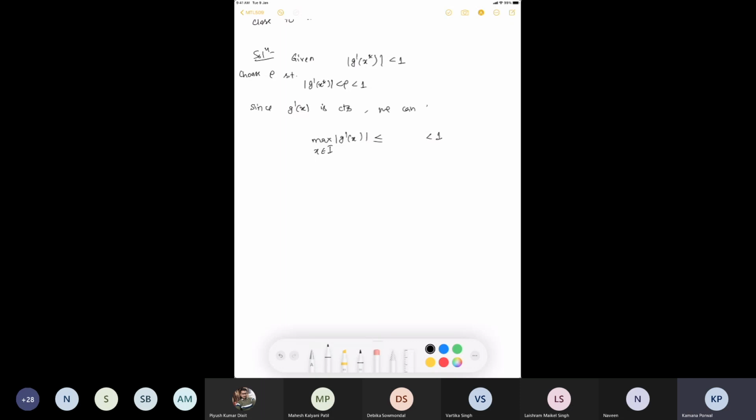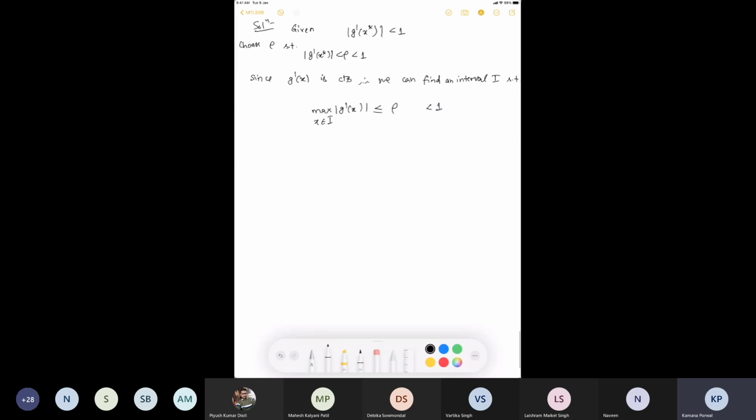so we can find, therefore we can find an interval, let's call it I, such that the maximum of the g prime of x over that interval is less than or equal to rho, which is of course strictly less than 1.